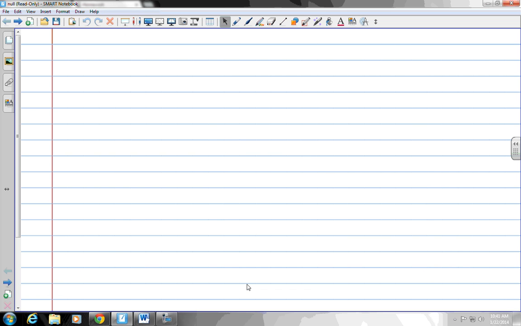So chapter 7, we're going to deal with some applications of integration. I guess that's what it's called. And so section 7.1 is dealing with area between curves.